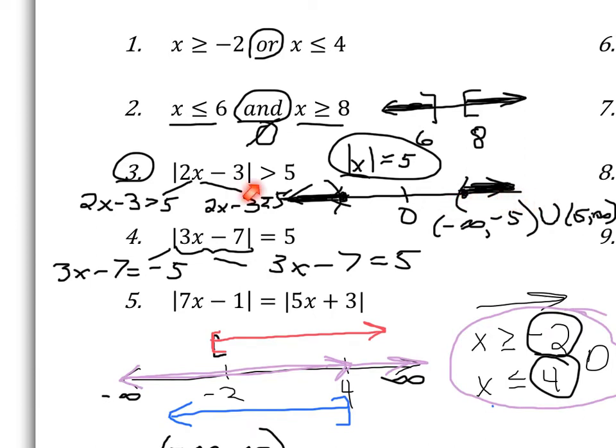So if it's greater than, you expect a disjointed interval, because if it's equal to, you expect a specific distance with 2 points. If it's greater than, then those arrows are going to go further than that distance.